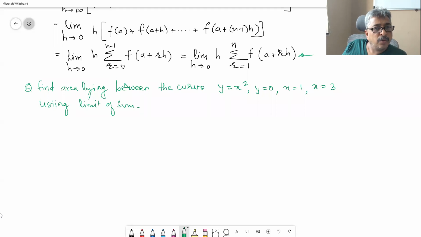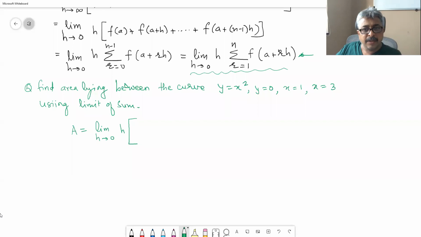Okay, so if I use this formula, then the area under the curve is equal to limit h tends to 0, h inside bracket f of a plus h.